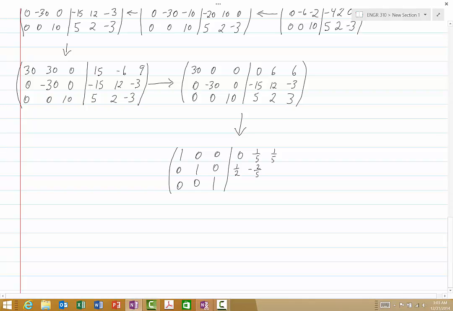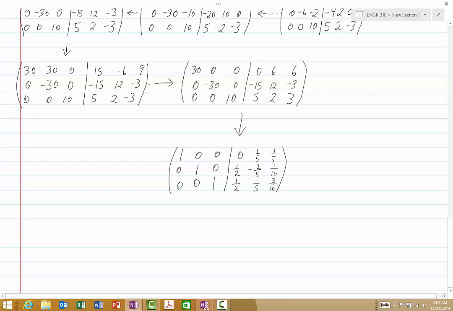So negative 2/5 there, and then the negative 3 divided by negative 30 will be 1/10. And finally, for the last row, we have divided through by 10, so we get 5 over 10, which is 1/2, 2 over 10, which is 1/5, and 3 over 10, which is 3/10.